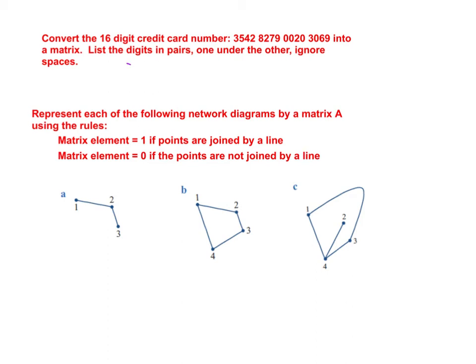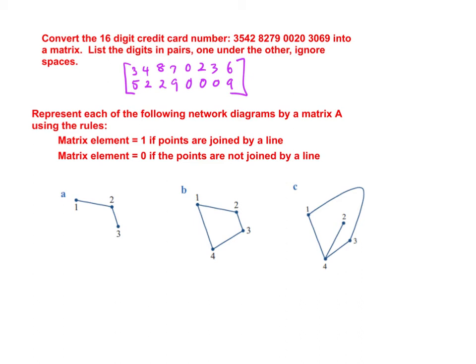So you write it like that: 3, 5, 4, 2, 8, 2, 7, 9, 0, 0, 2, 0, 3, 0, 6, 9. There you go. That's why we can have so many combinations, because the computers and the EFTPOS machines and all that can combine it and link it around like that. So that's just one thing you can represent with matrices.